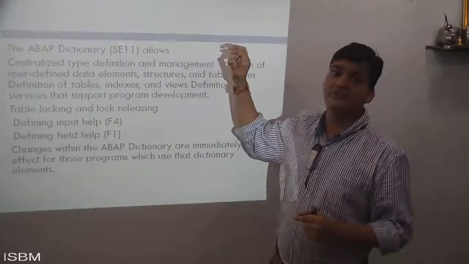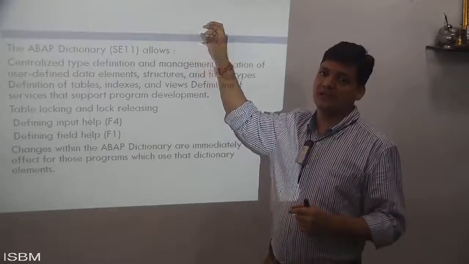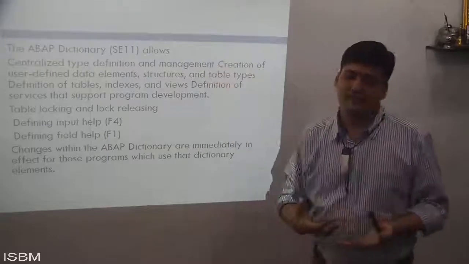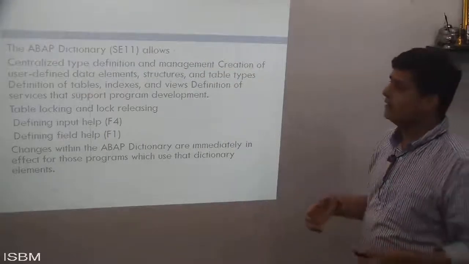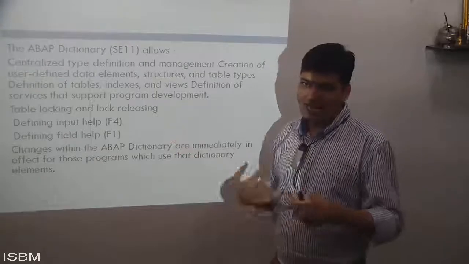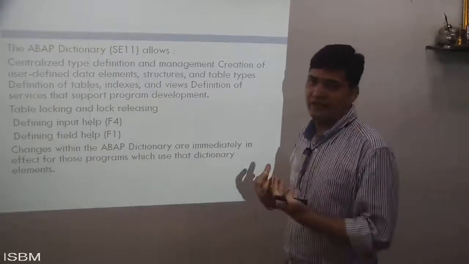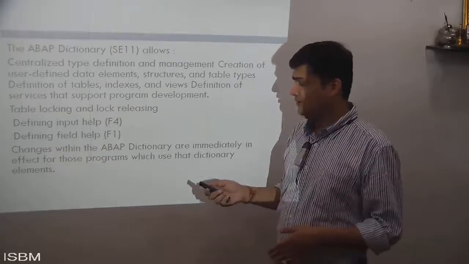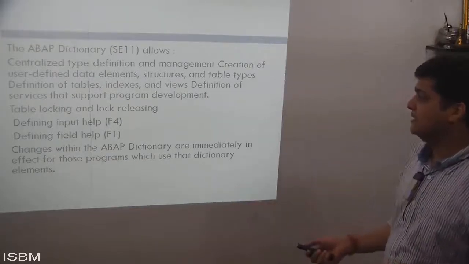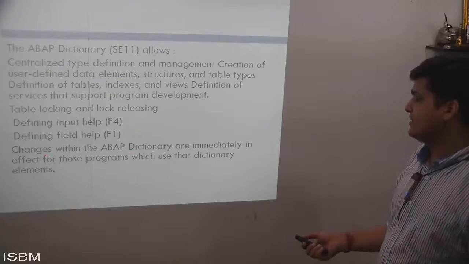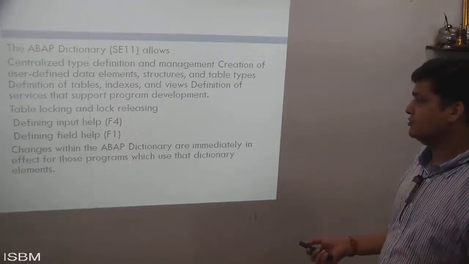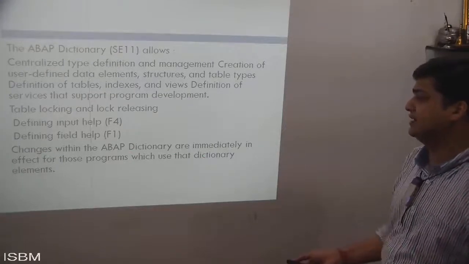For company code, BUKRS is the field, and a lot of tables use the company code, so it is very easy to directly know the company code field. Then changes in the SAP ABAP dictionary are immediately in effect for those programs which use that data dictionary element.